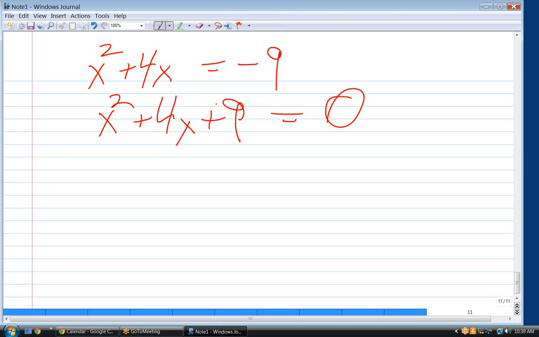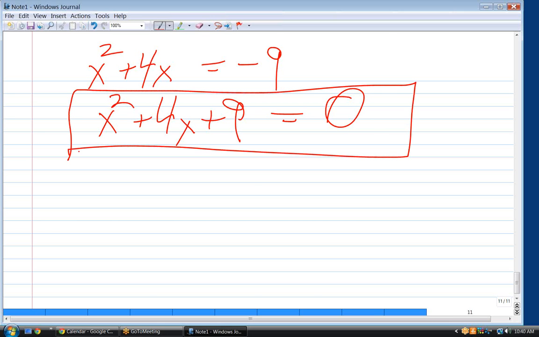I can plug it into the quadratic formula, or I can go back up here and treat it as completing the square. It depends on which you find easier. You're pretty good with the quadratic formula, aren't you? Don't you know that by heart? Yeah. I would suggest doing that, although given the fact that you have to do completing the square, might be good practice to do that.